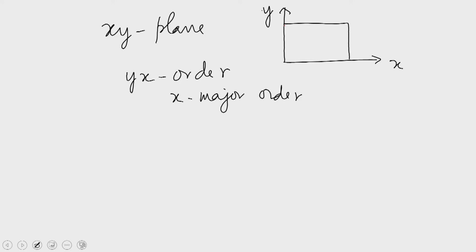Means to find the next element, for an element you should go along the x dimension. Once the x dimension is over, you should move in the y dimension and then continue so on.